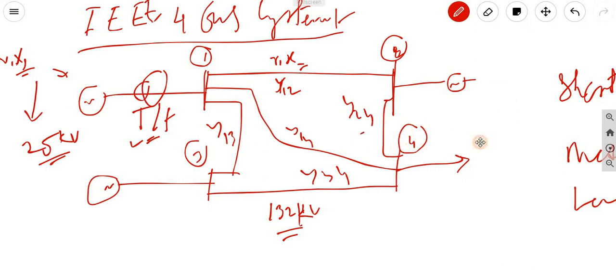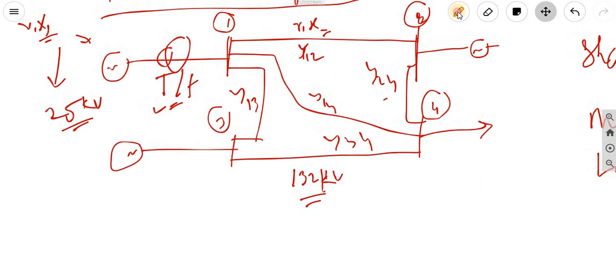One more thing we have to focus on is the current injection. Suppose this generator is presented as a voltage source, and here also a voltage source. For a generator that is a voltage source, firstly we have to convert this source into a current source, because we are interested in the current injection into the network.